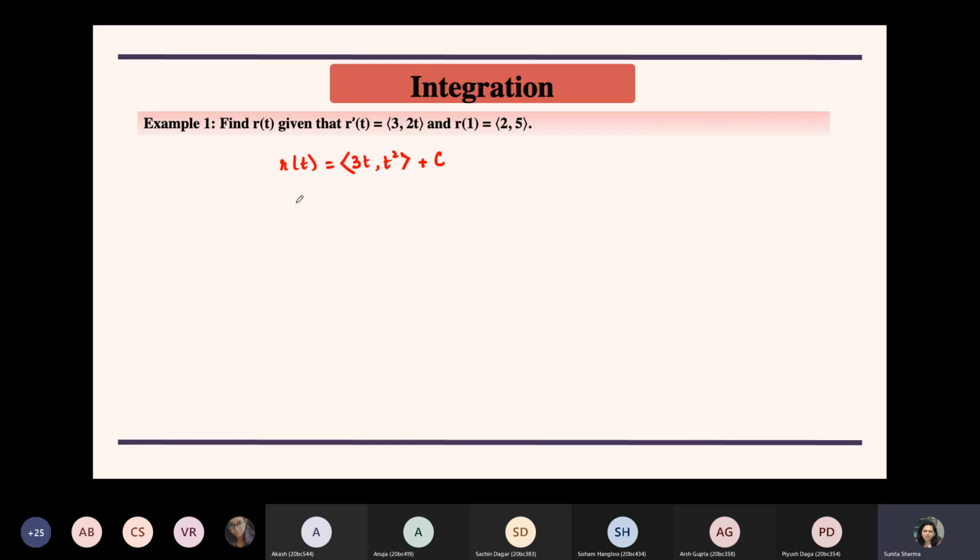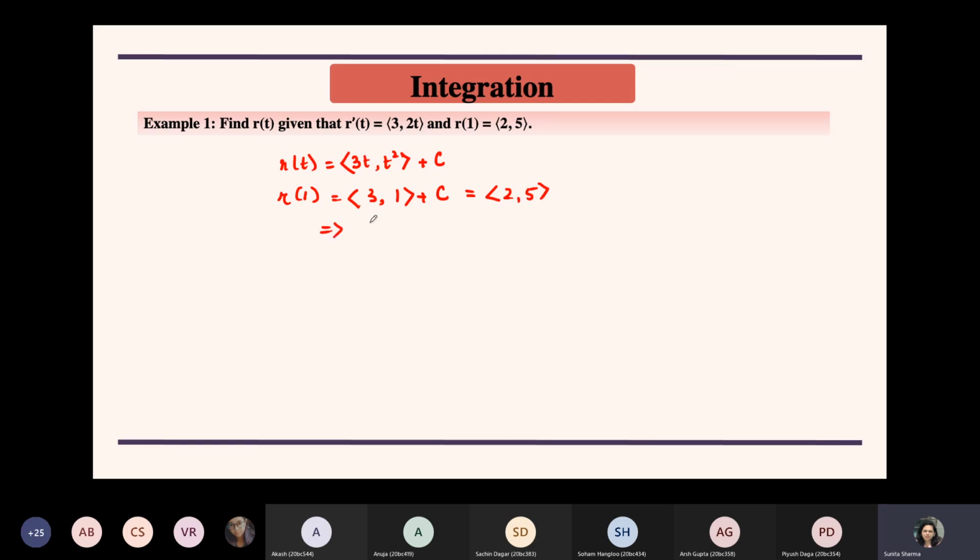Now, what is the next step? Ma'am, I have no idea. I completed till this only and I don't know what to do next, how to find this c. From this, we can put the value of 1 in this function. So r(1), when you put it here, is (3, 1), and from the given condition it is equal to (2, 5).